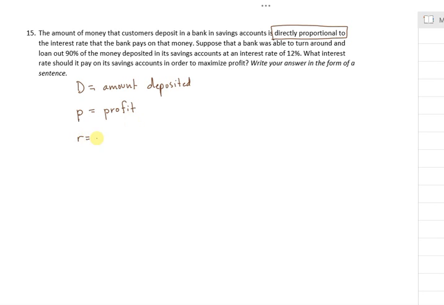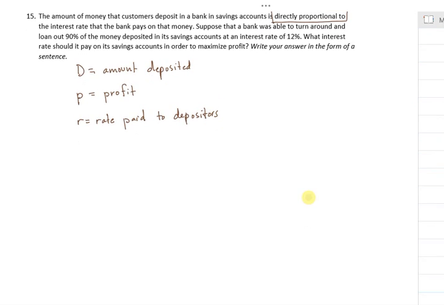R can be our rate paid to depositors. So what we're saying here, it says up here, D is directly proportional to R.